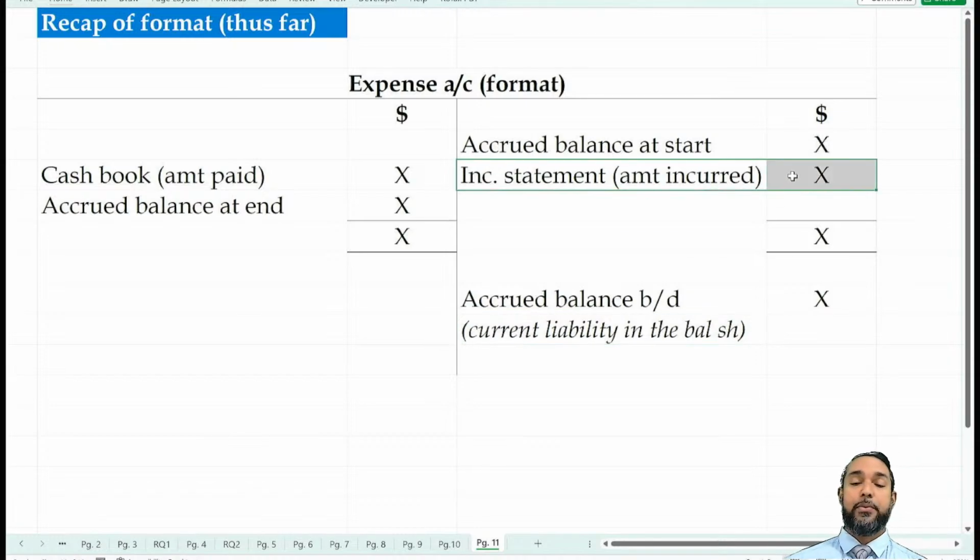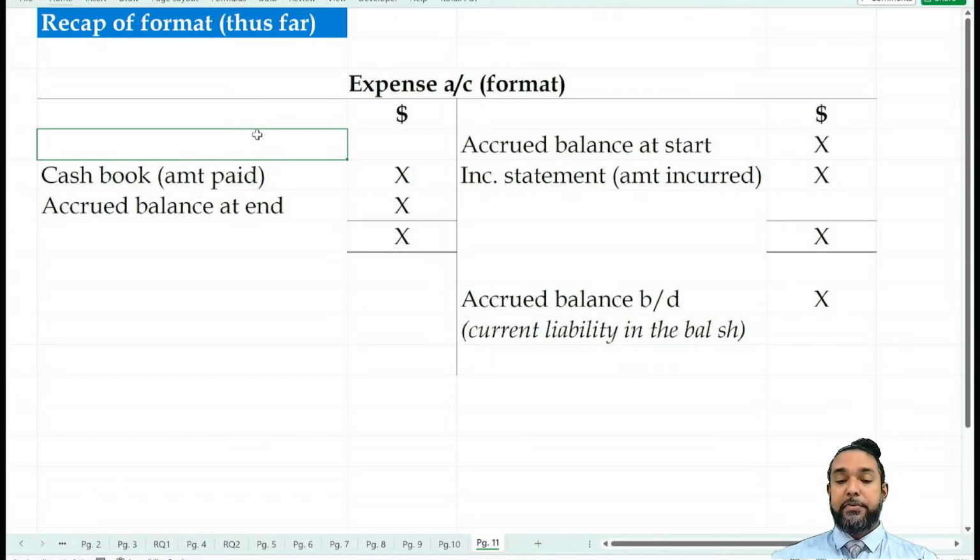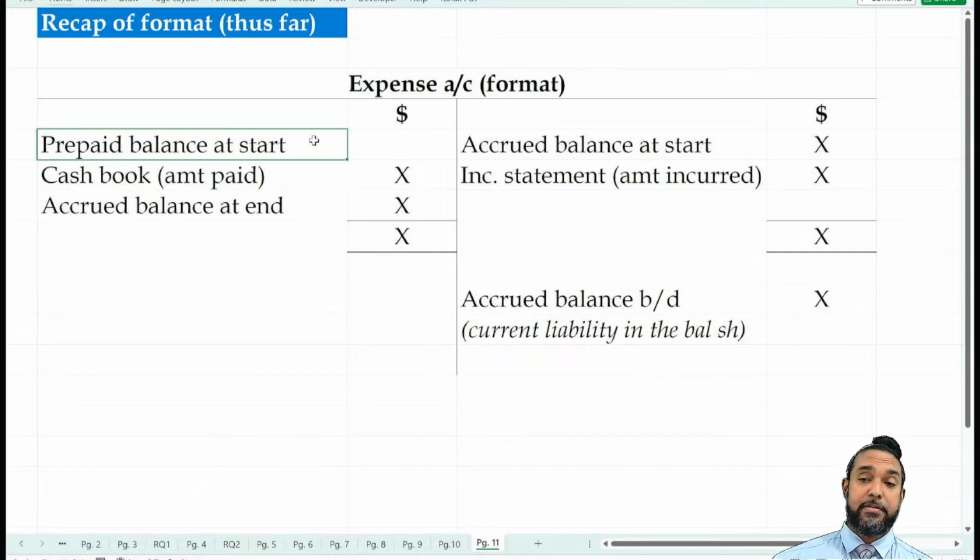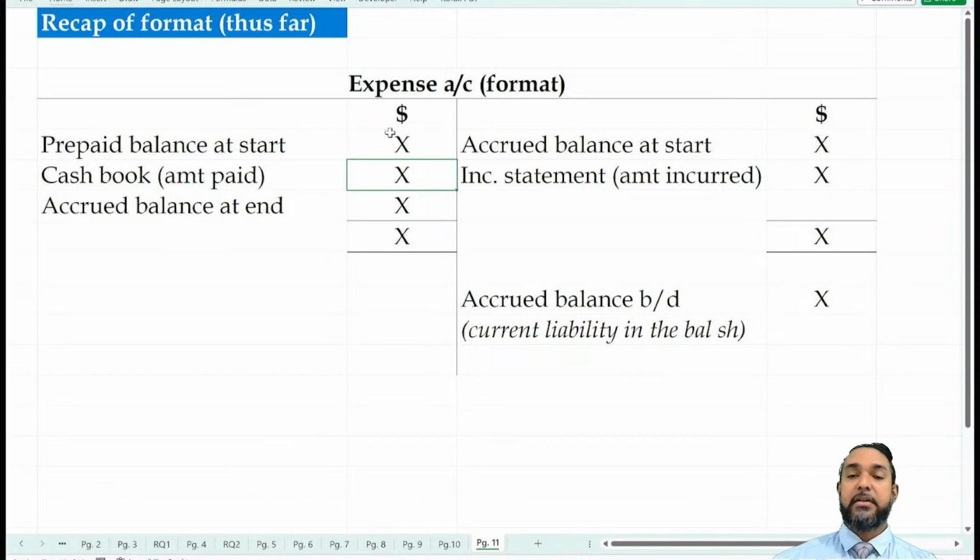If you pay more than was incurred or more than you were supposed to, you overpay. But we refer to it as a prepaid amount or prepayment, right? So prepaid balance at start, right? Now, you could always put BD for brought down or BF for brought forward, right? So it's classified as a current asset because if you pay for something before you receive it, you now have a reasonable expectation to receive whatever the benefit is in the foreseeable future.